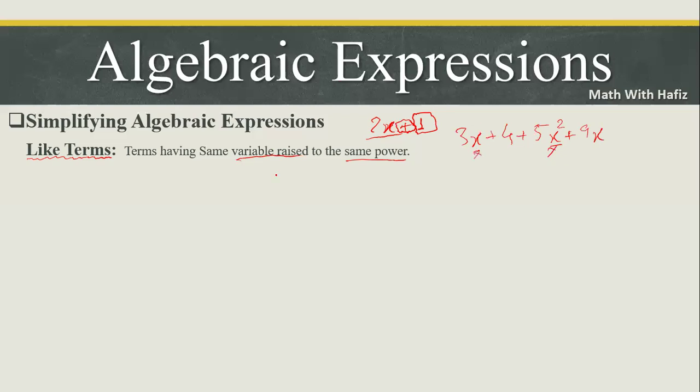The like terms are 3x and 9x. Why? Because it has x to the power of 1, and the other also has x to the power of 1. That's why they are called like terms, because they have the same power.